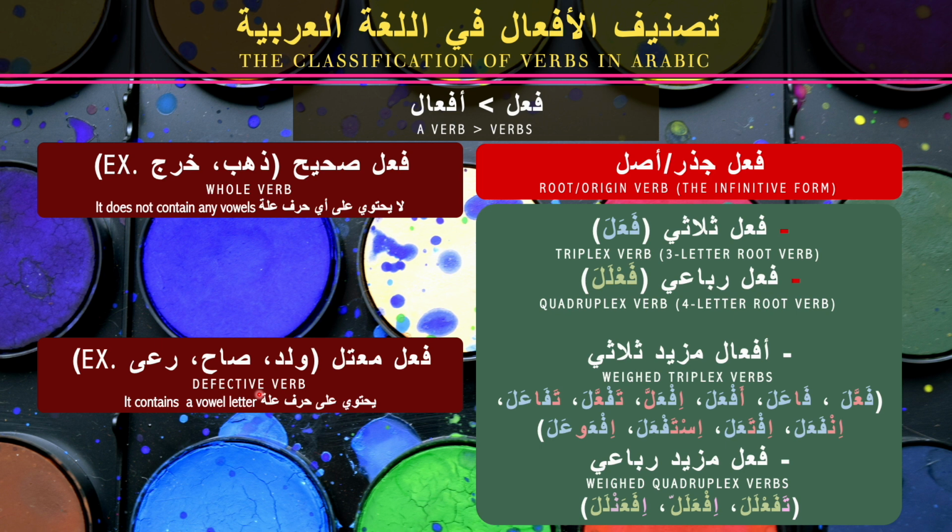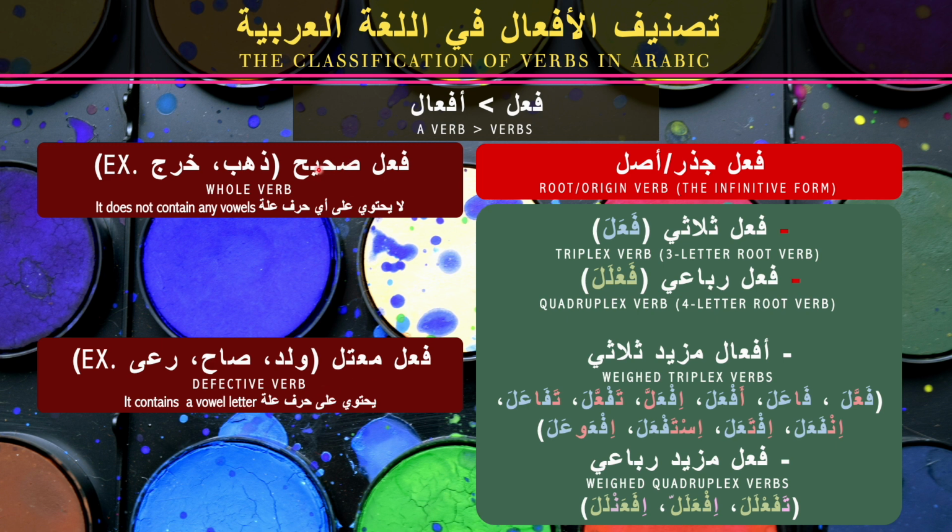I want you to understand it is so important, because when you know the root, how it looks, if there is any weight on it, and if it is a whole verb or defective verb, you can know the correct conjugation for the verb in different time tenses, which we will learn in future lessons. So let's go over what a whole verb, فعل صحيح, and a defective verb, فعل معتل, mean.